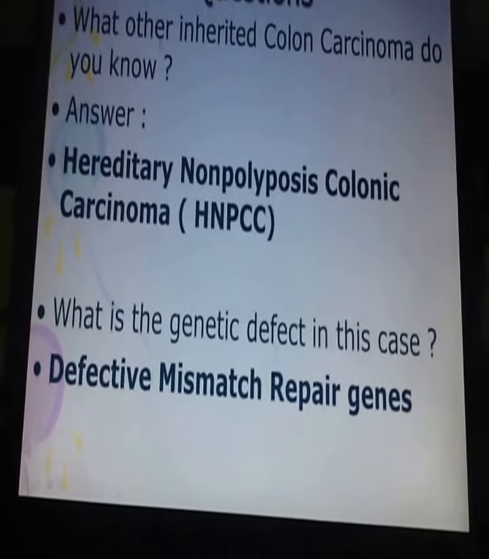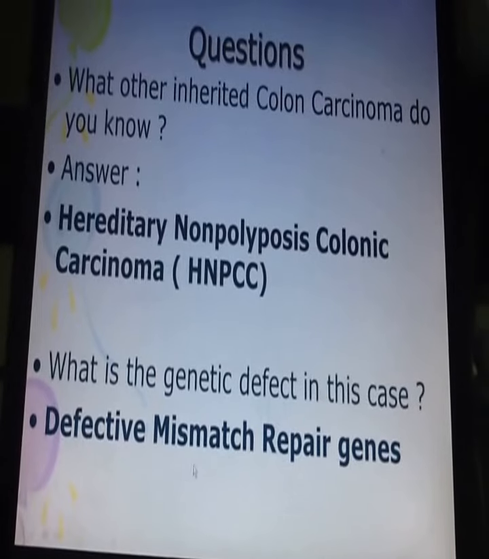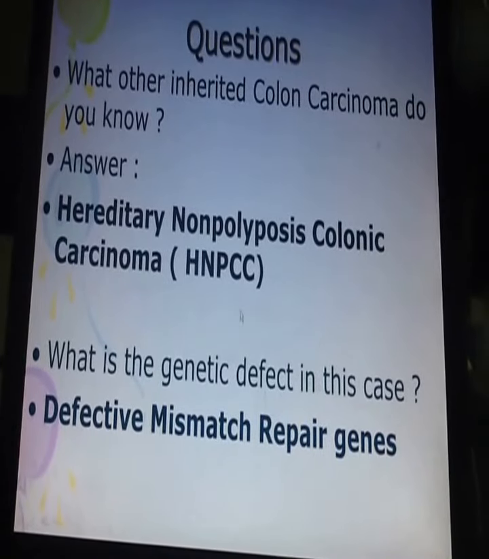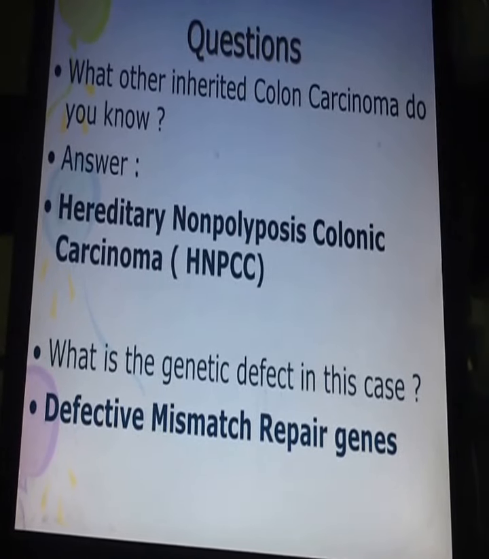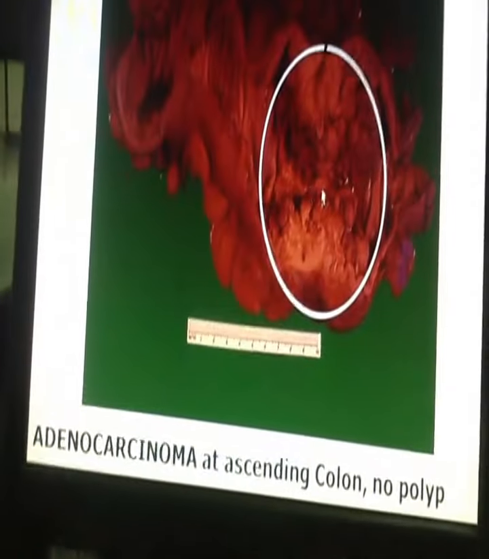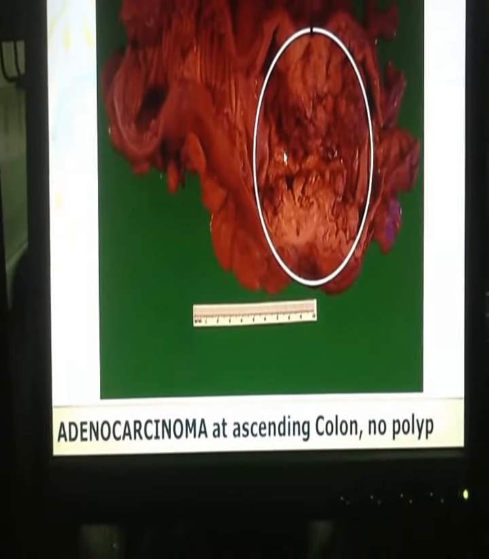This is another form of inherited colon cancer in which patients will have defect in mismatch repair genes. So you should be able to differentiate between HNPCC and FAP and the genes associated in both. And remember, no polyps in HNPCC, while we have multiple or hundreds of polyps in FAP. Now this is an image of a colon with cancer without a polyp.